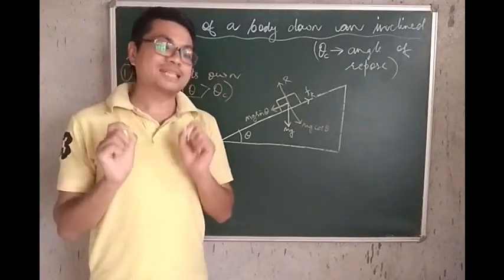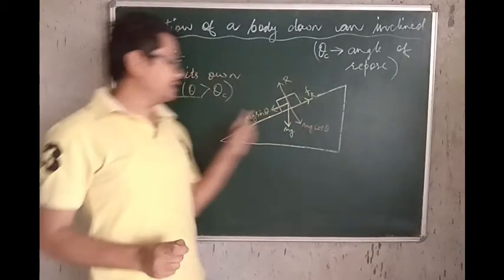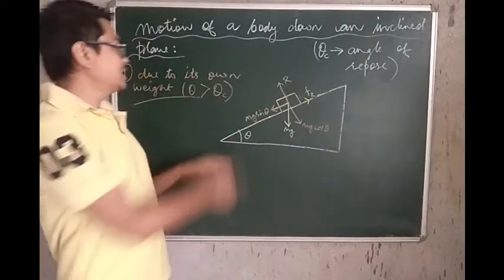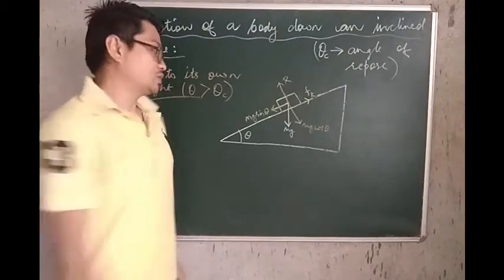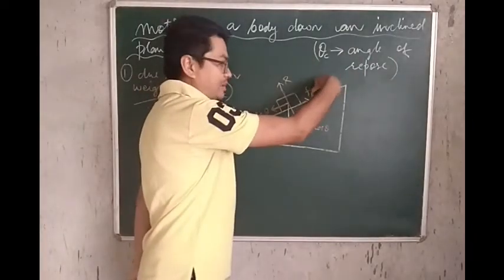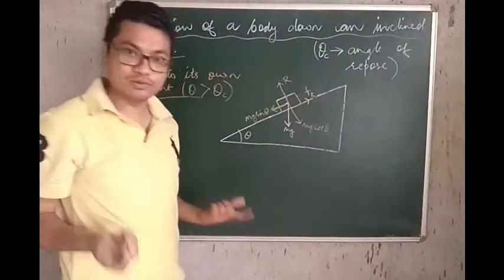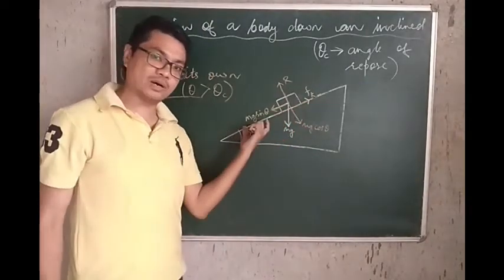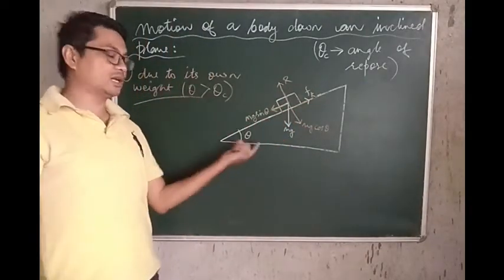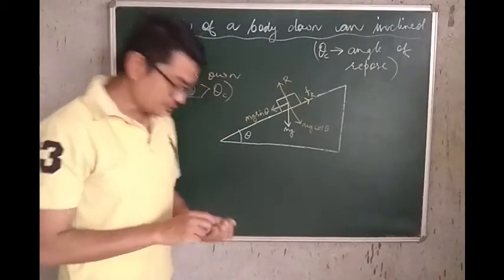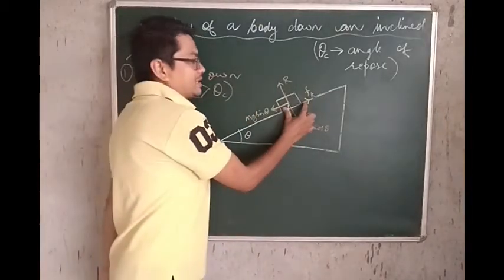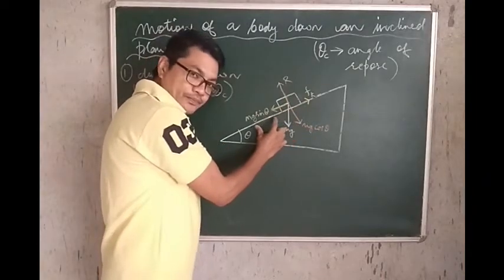And the body sliding down the inclined plane in this case is due to its own weight. Remember that. We are not pushing the body from above here. The body simply slides down when we make theta greater than the angle of repose, due to its own weight. So to say, our body is sliding down now.